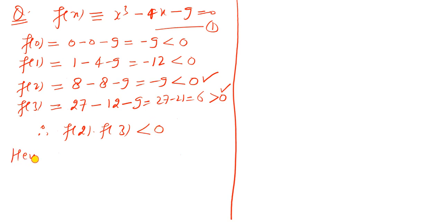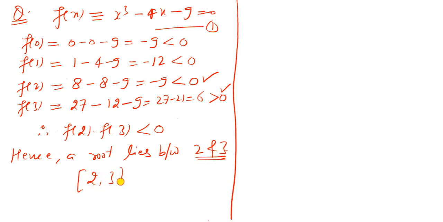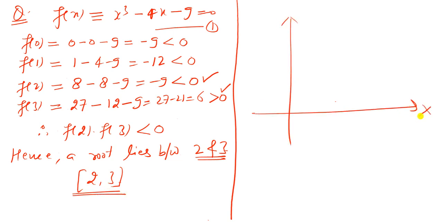Hence a root lies between 2 and 3, that is, the desired interval is [2, 3]. It means if we draw a graph, say this is the xy plane and this is a curve y is equal to f of x.